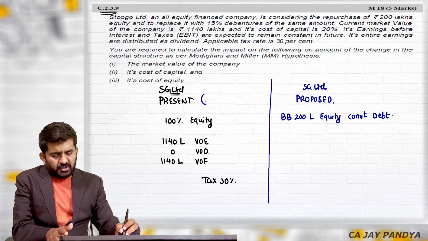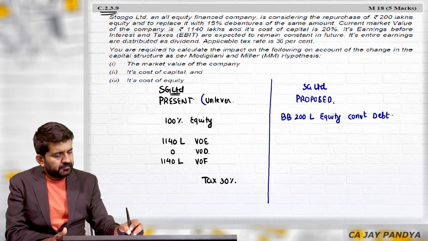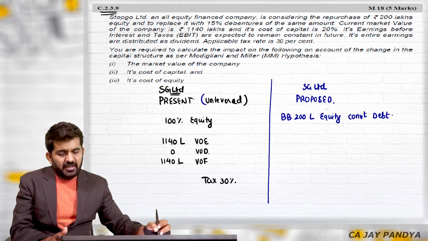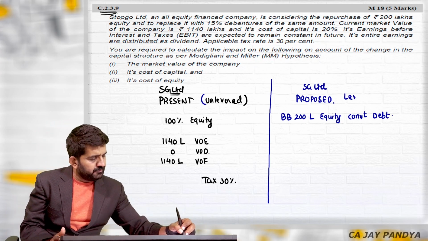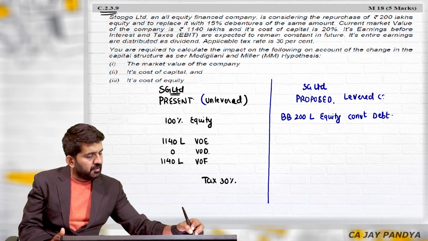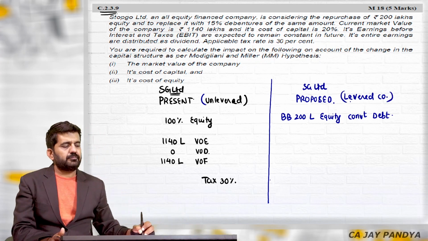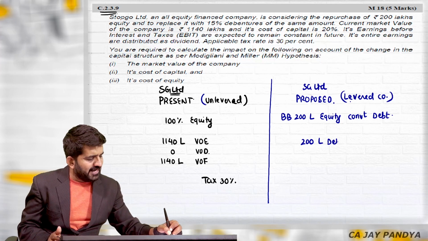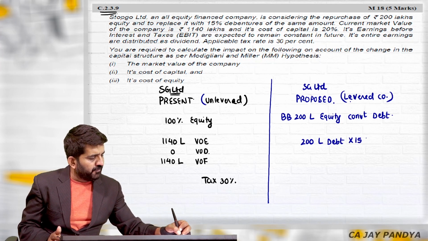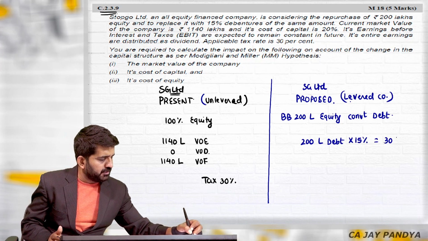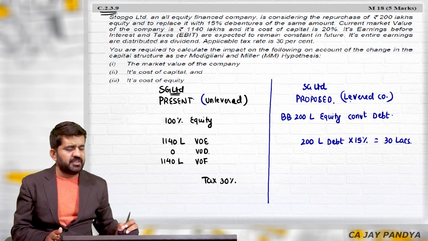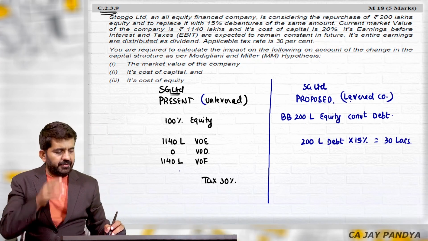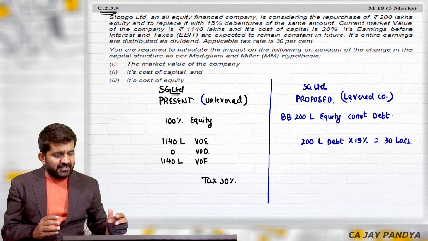First it was an unlevered company. Now it is planning to become a levered company. Now there will be 200 lakhs debt at 15%, that is 30 lakhs will be interest from now onwards. Right. This is proposed and this is present.